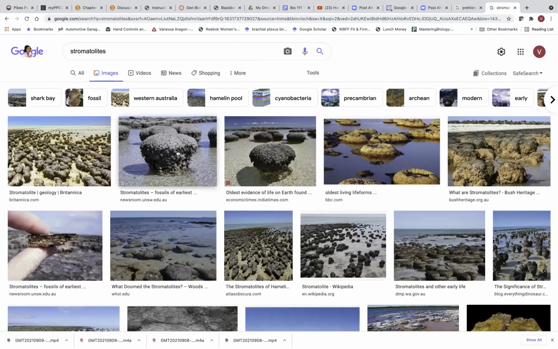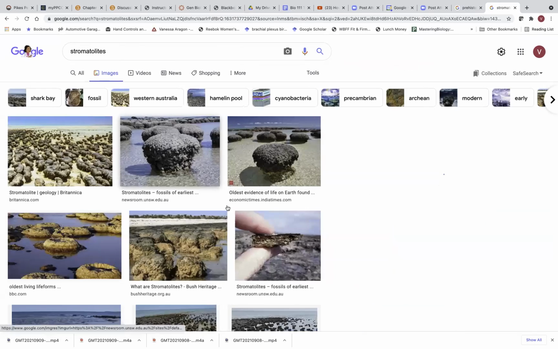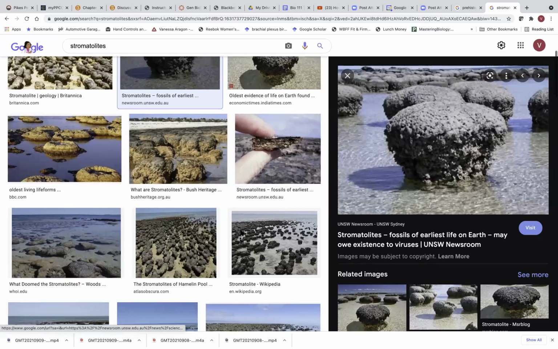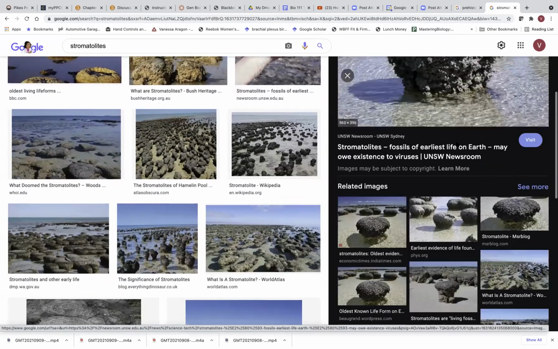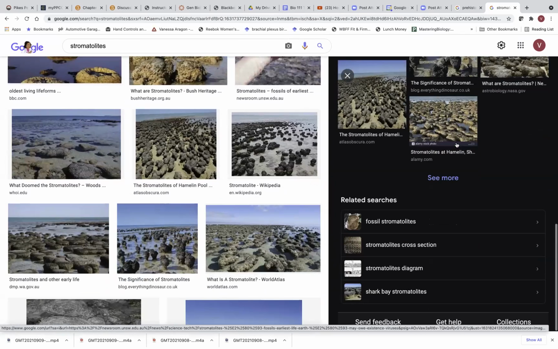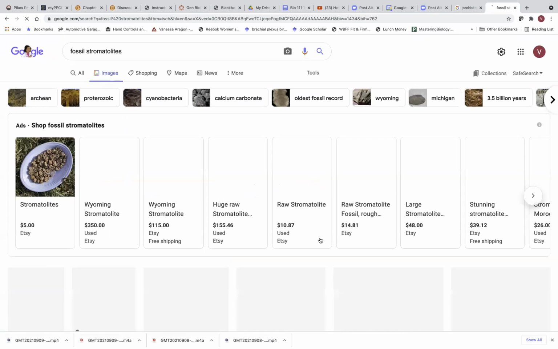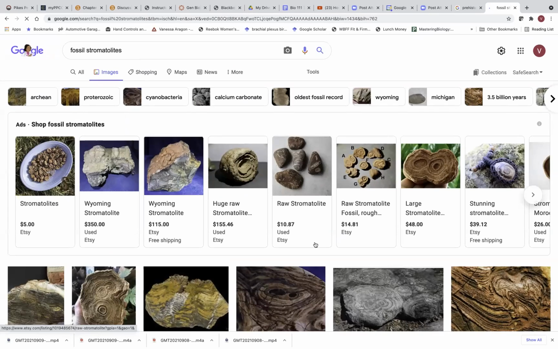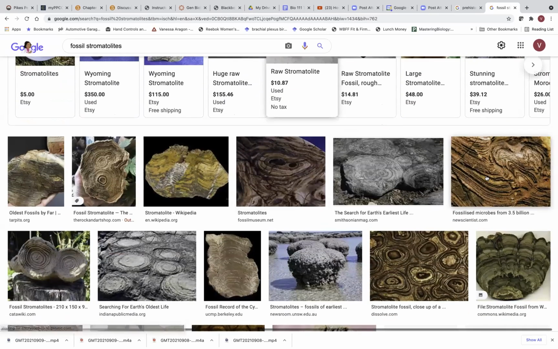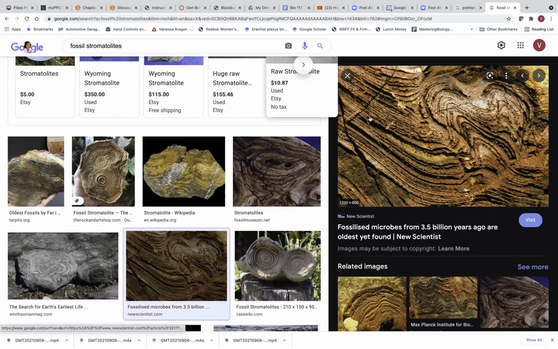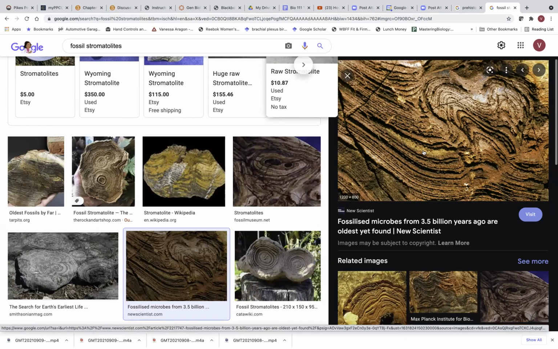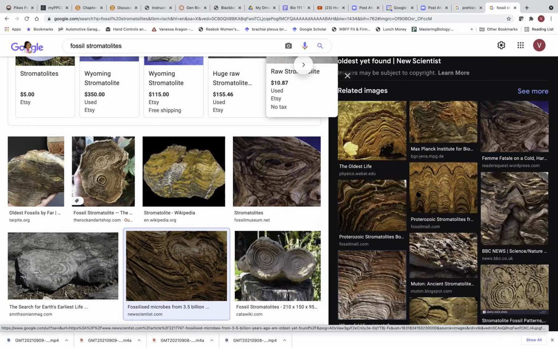Most of these places are in Shark Bay in Western Australia. What we're looking at here is the layers and layers and layers of bacterial mats that are laid down, so you can see them.